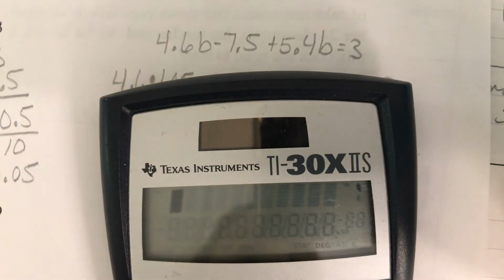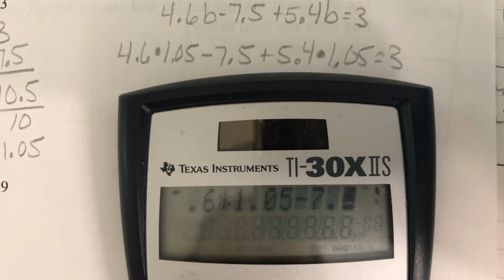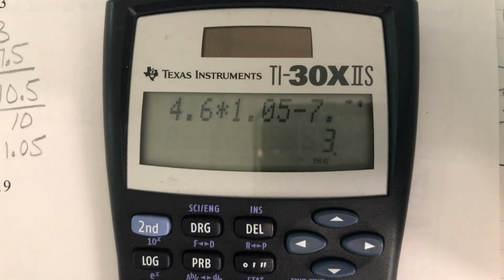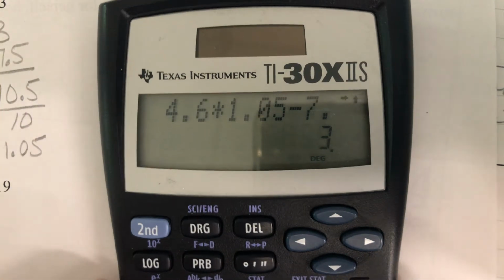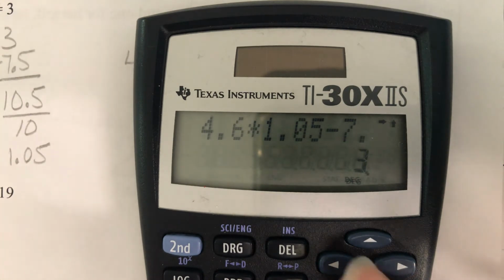Go into the calculator. 4.6 times 1.05 minus 7.5 plus 5.4 times 1.05, and I want to see it equal to 3. Awesome.